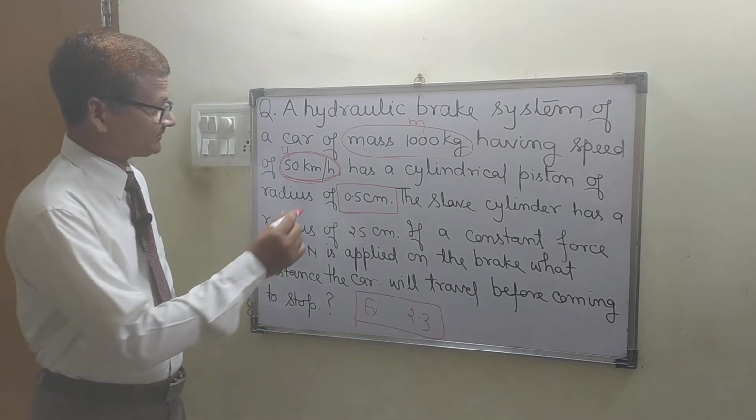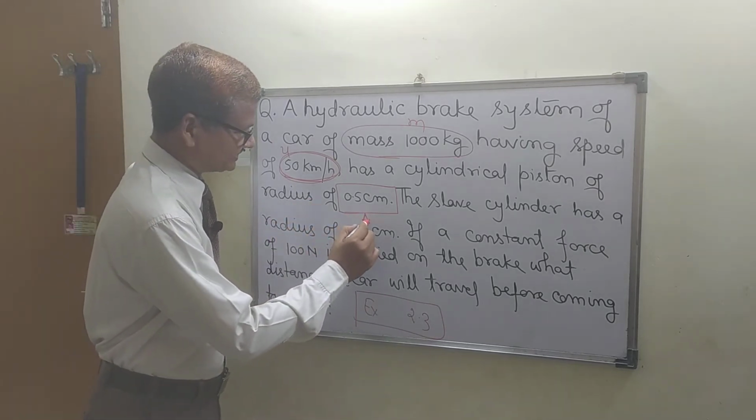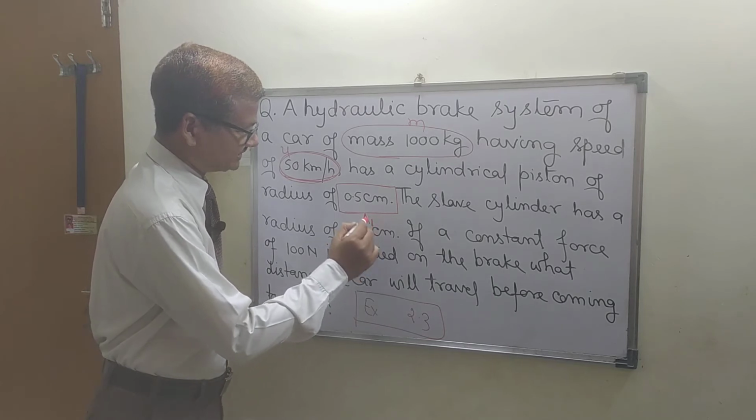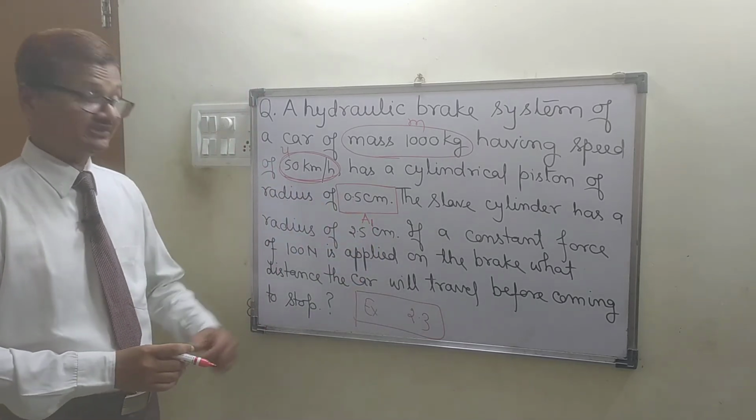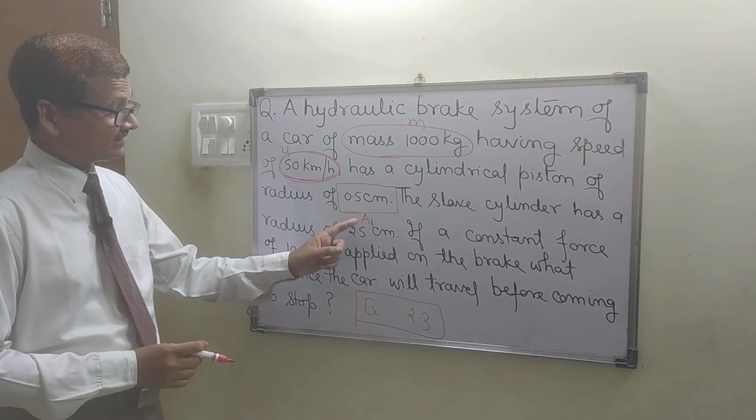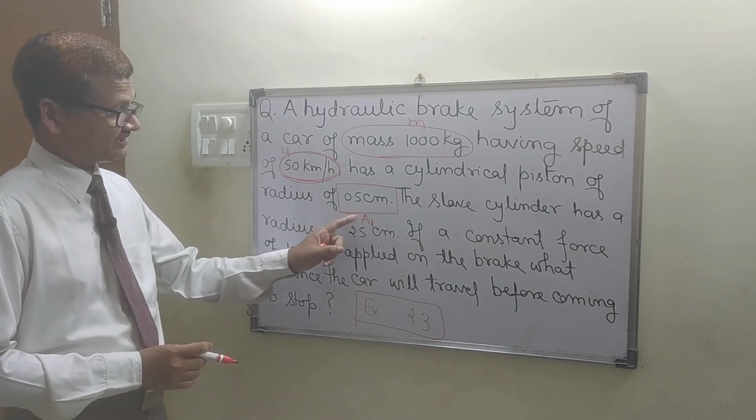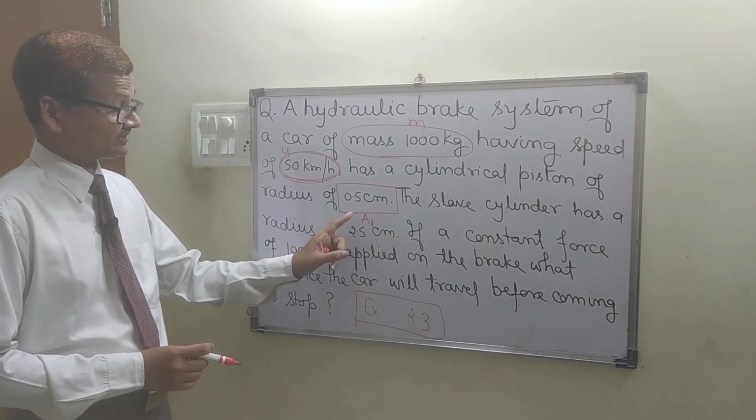So therefore the area of cross section of this piston will be A1, means the brakes are applied, the pedal is attached with this piston, therefore area of cross section is A1.